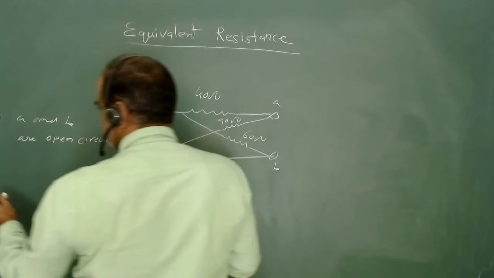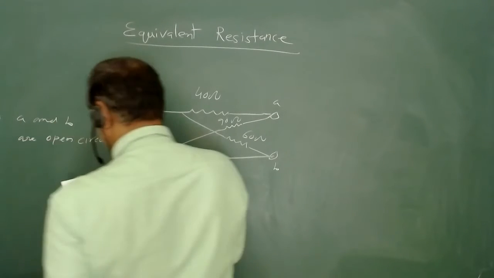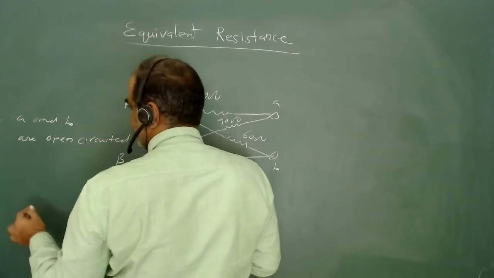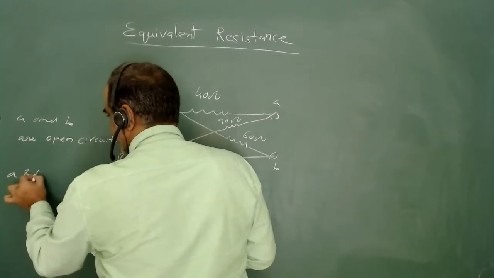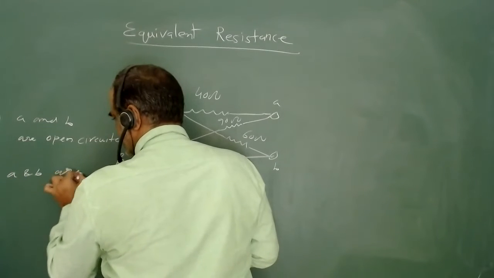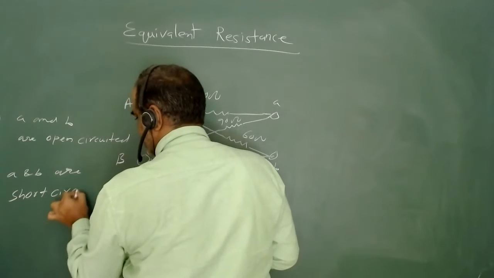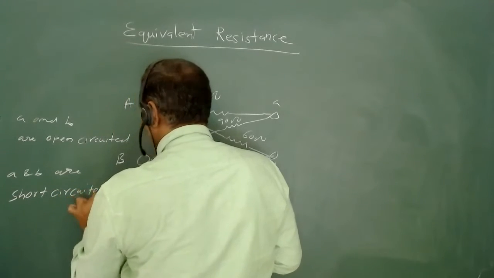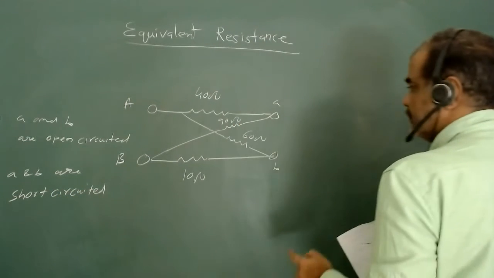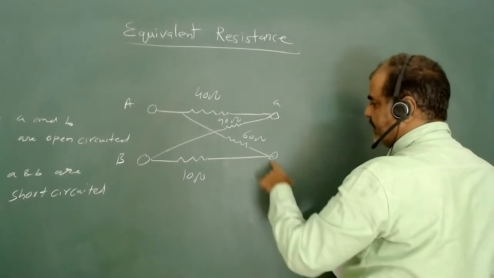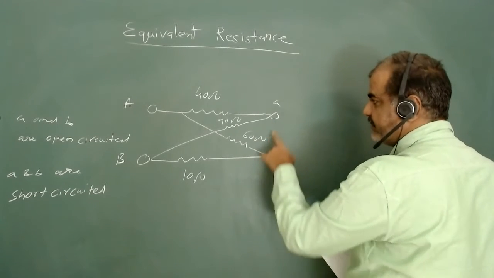And the second case is when A and B are short circuited. So in the first case, A and B are open circuited, so it's already given.